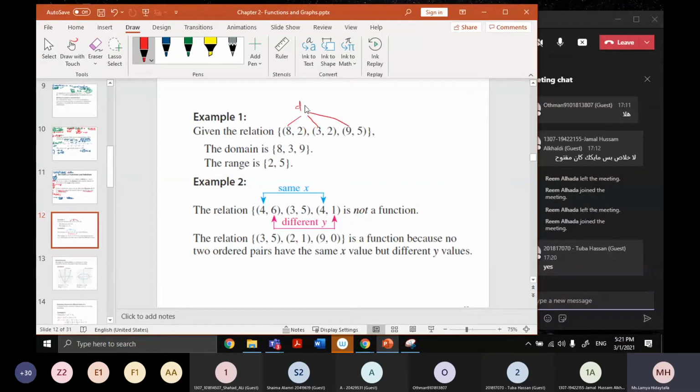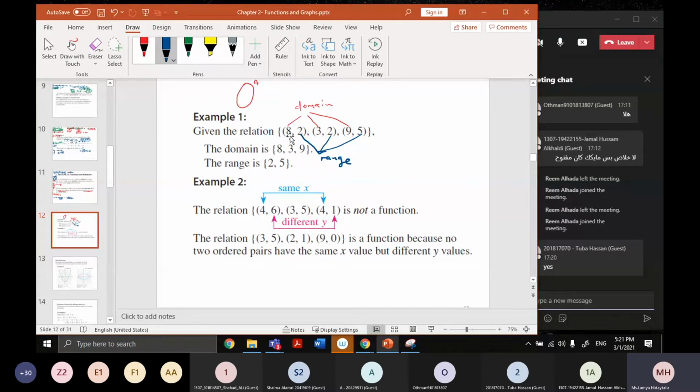This is the A, correct? What is the range? The images: these elements map to what? Map to the 2, and then the 5. So the range is 2 and 5.